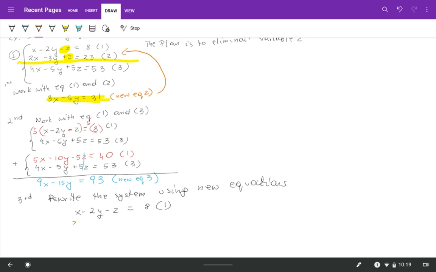Then we have 3x minus 5y equals 31, this is equation 2. And equation 3, we have 9x minus 15y equals 93. Now what we're going to do is work with equations 2 and 3 to solve for x and y.